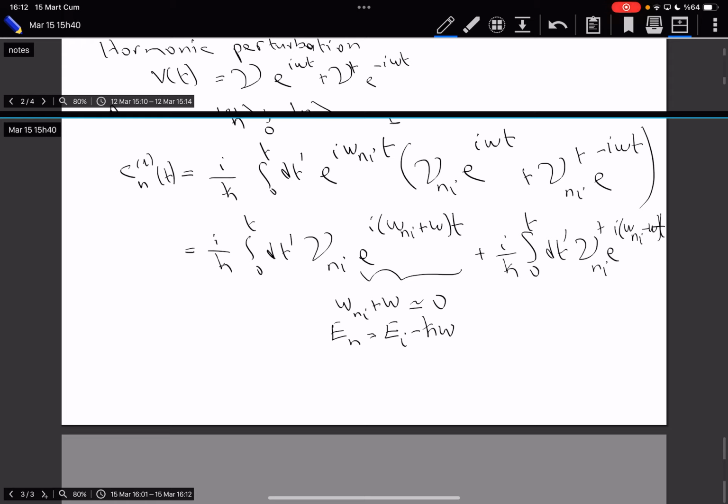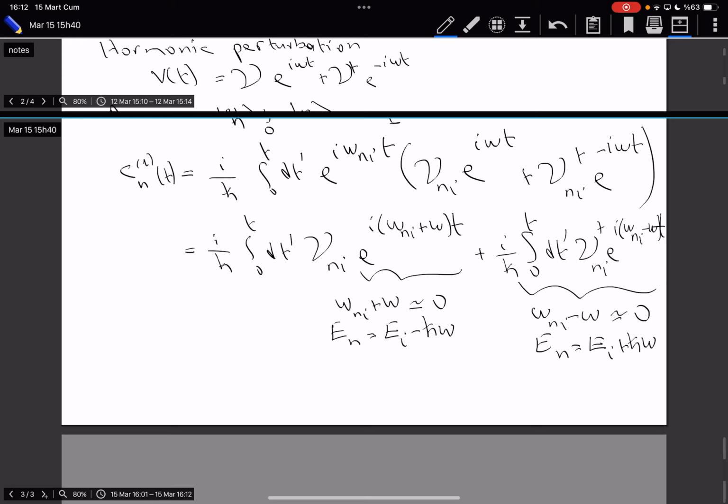Now, if this term was on its own, we would get a contribution to a transition rate from states for which omega_ni minus omega is 0, or En is equal to Ei plus h bar omega. Now we have two terms.